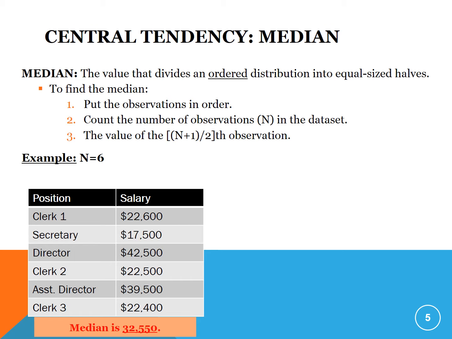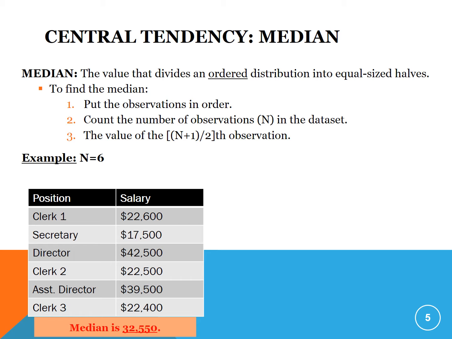Okay, so central tendency, the second measure that we're going to look at is median. The median is the middle. Whenever you hear median, think middle, okay? The value that divides an ordered distribution into equal sized halves. It's important to say that, where with the mode, it doesn't matter the type of variable that we have.